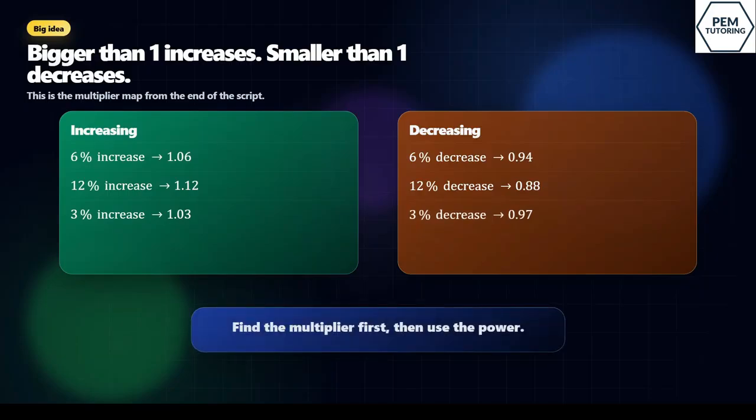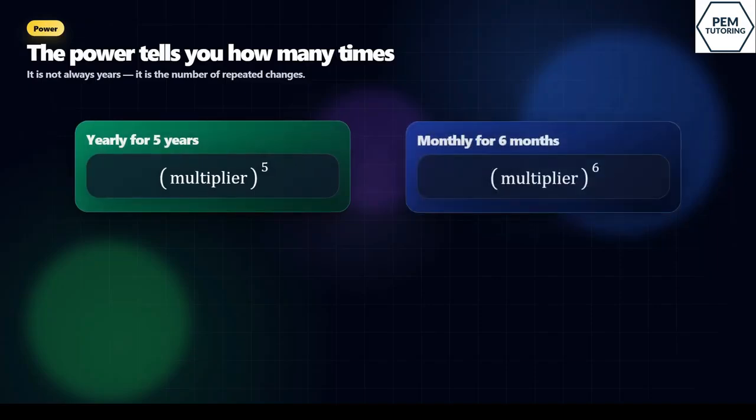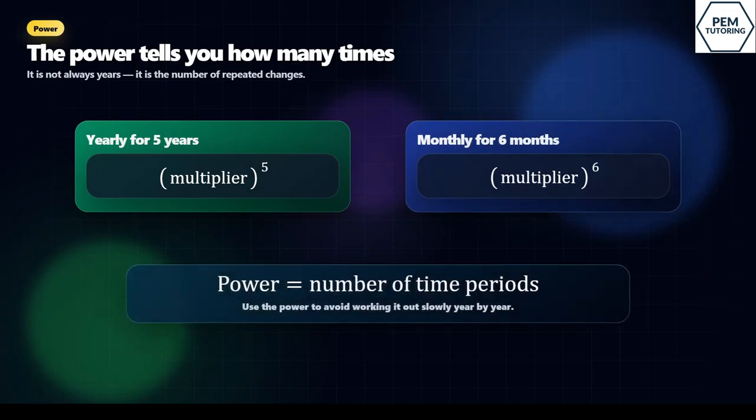And the power tells you how many times the change happens. Not always years, just how many times. If interest is added yearly for 5 years, the power is 5. If interest is added monthly for 6 months, the power is 6. So whenever you see a compound interest question, think of the story.